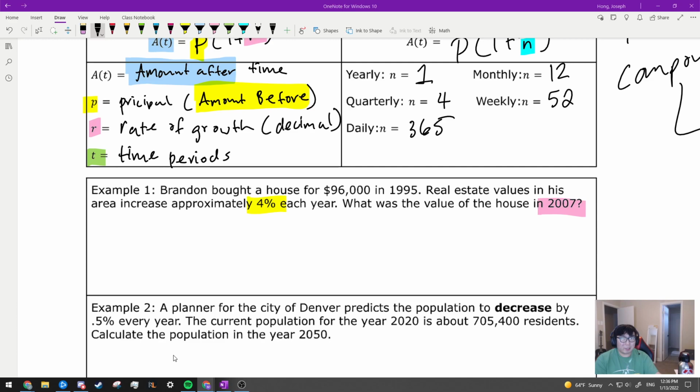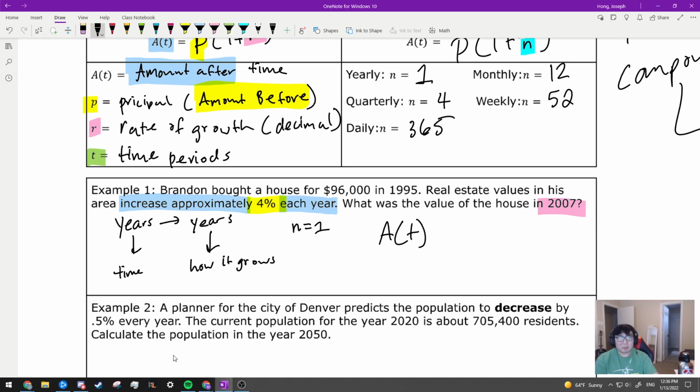So if we're talking about years to years, this is the time unit that we talk about, and this is how many times it grows. So it increases approximately 4% each year. So we know that n is equal to 1. Now we can use this formula, A is equal to P times 1 plus r over n, to the power of nt.